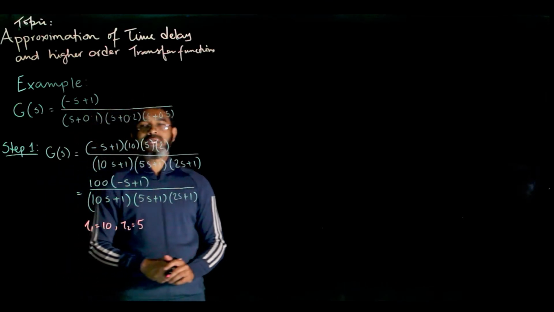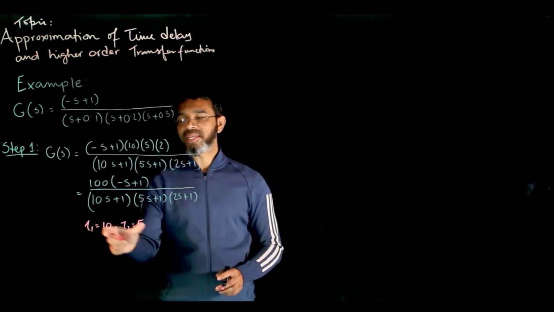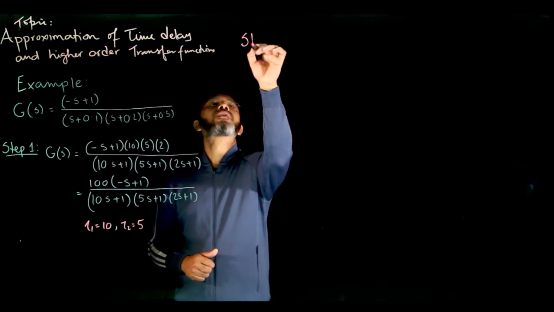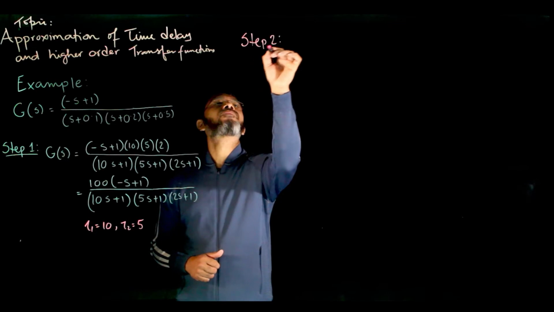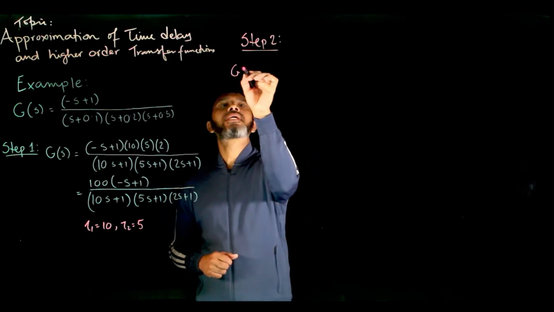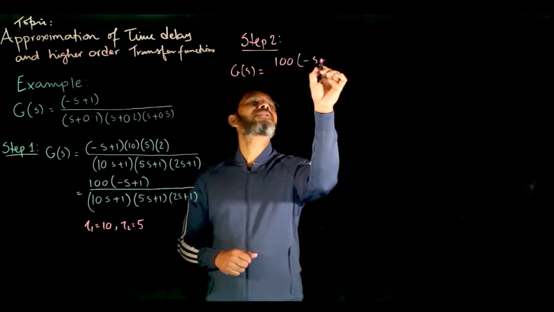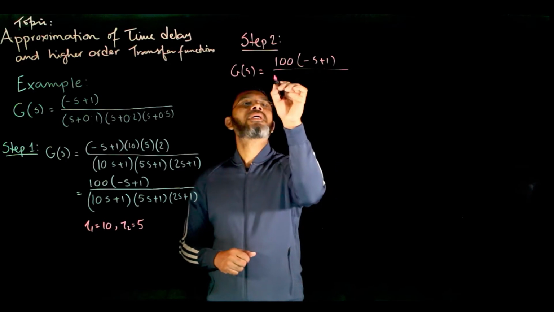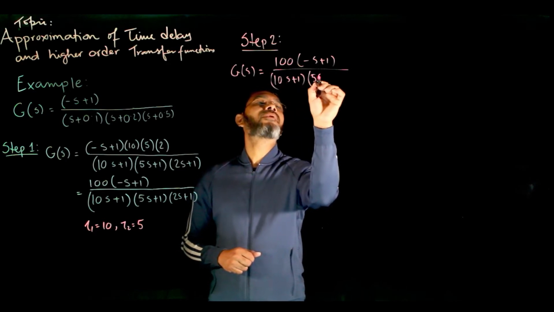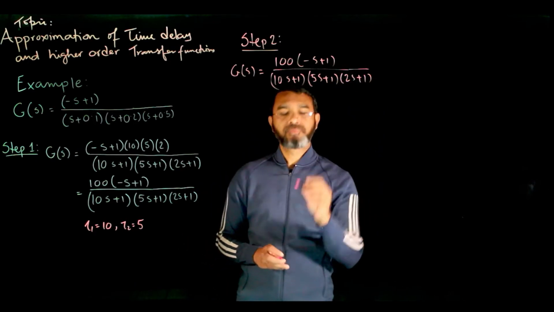Okay. So in step 2, we have to approximate all the terms except the two dominant time constants. So in step 2, what to do? We have the original transfer function there, 100 times negative s plus 1 over 10s plus 1, 5s plus 1, 2s plus 1.